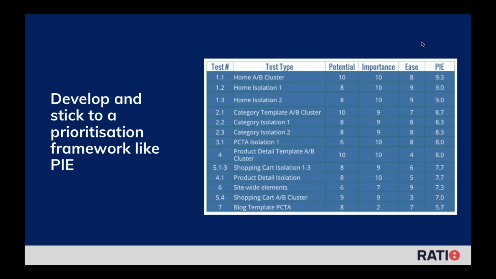And in any case, by using a framework like this and by evaluating each solution against a set of factors as objectively as possible, we can actually understand which idea is going to give us the biggest bang for our buck if we implement it.